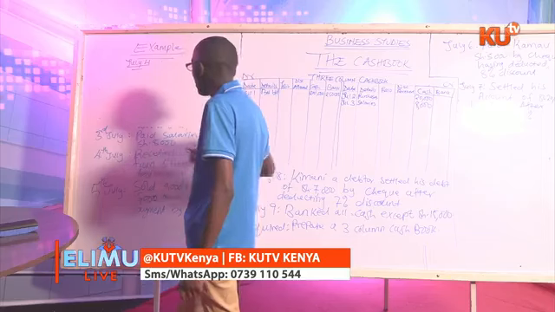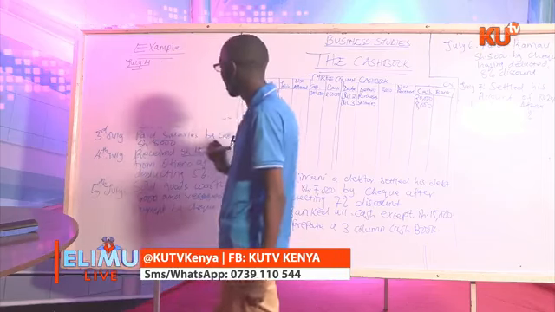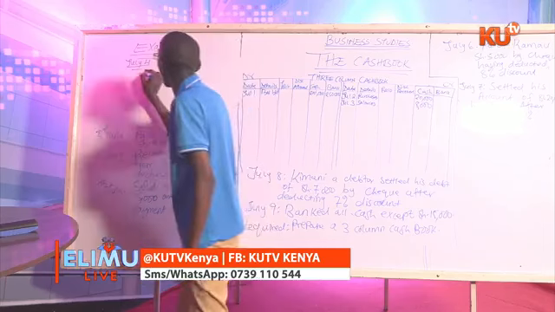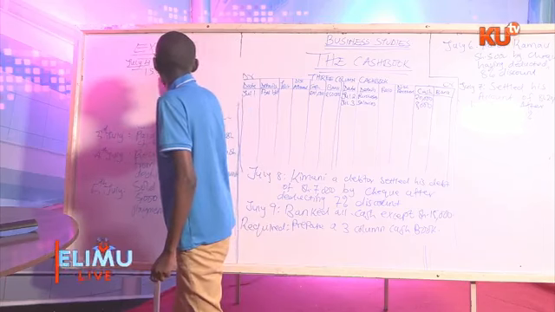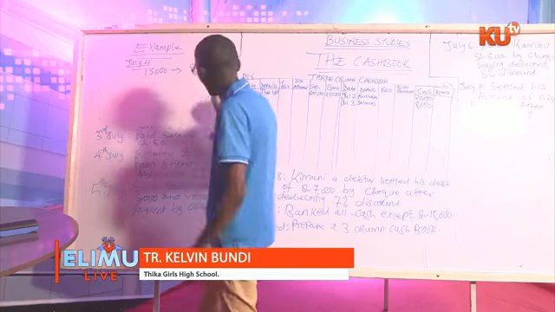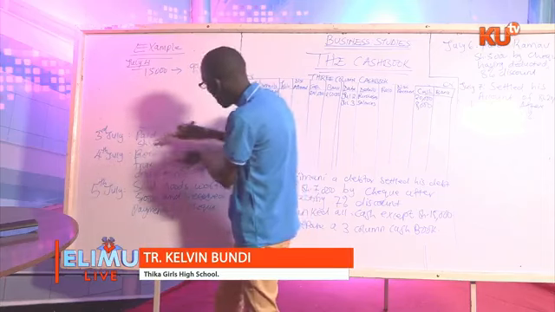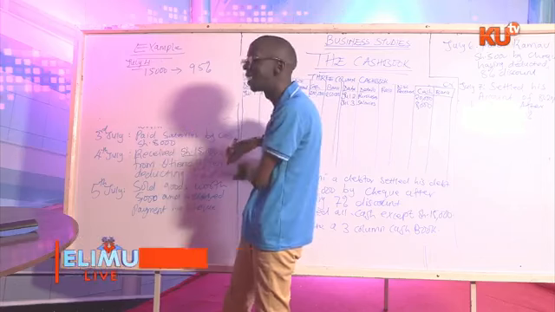This amount, the discount is already deducted. So we'll say 15,000 is equivalent to 95%.